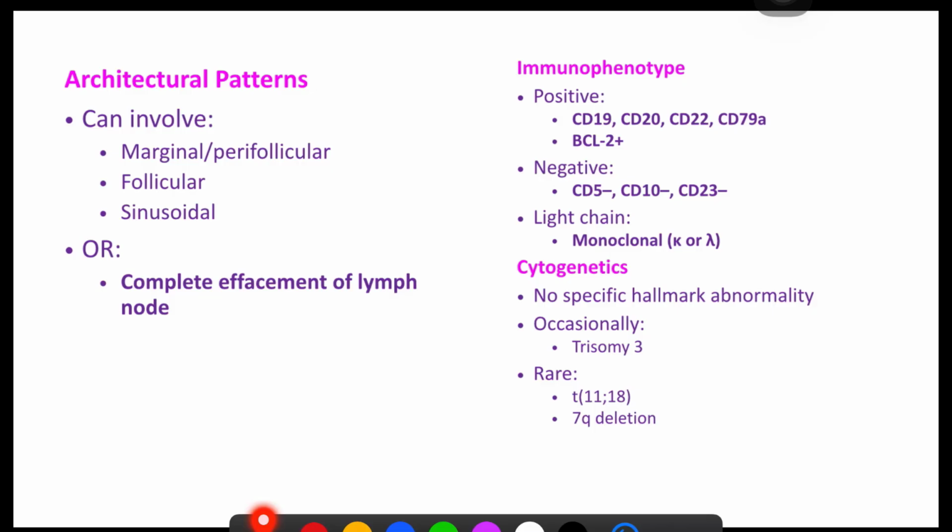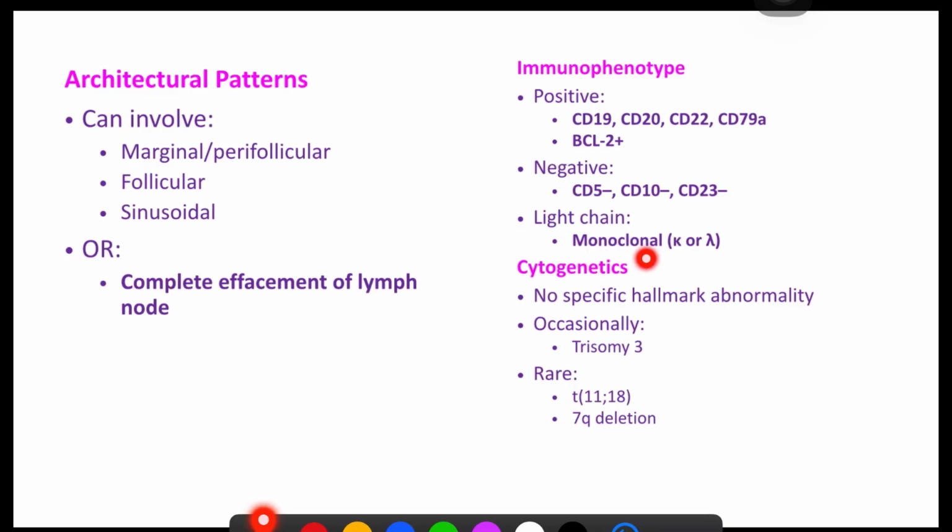Architecturally, it can involve either marginal or perifollicular zone or follicular zone or sinusoidal, or it may completely efface lymph node architecture. So this pattern is seen mainly in biopsy. Immunophenotypically, it is positive for CD19, 20, 22, 79 and BCL2, negative for T cell and CD10, 23 markers.